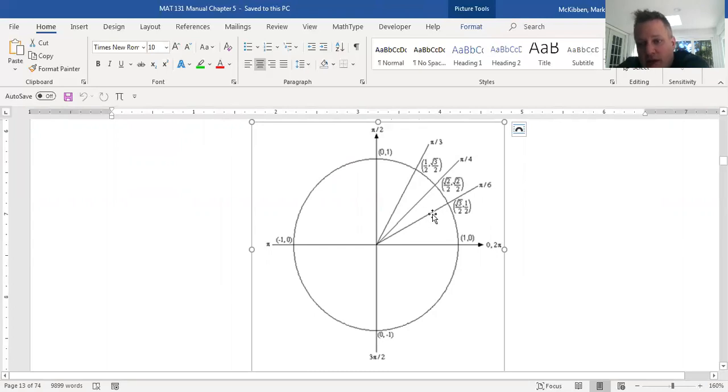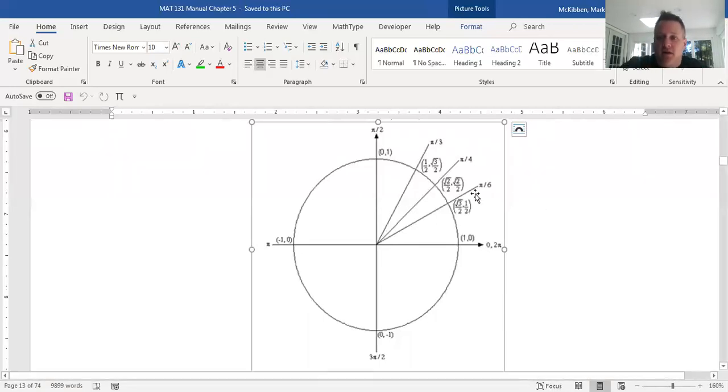And so what that tells you is that this point here that corresponds to pi over 6 and this point here that corresponds to pi over 3 have to be reflections of each other over this 45-degree line. But remember, if we reflect a point over the 45-degree line, you simply switch the x and y, right? We saw that when we computed inverses.